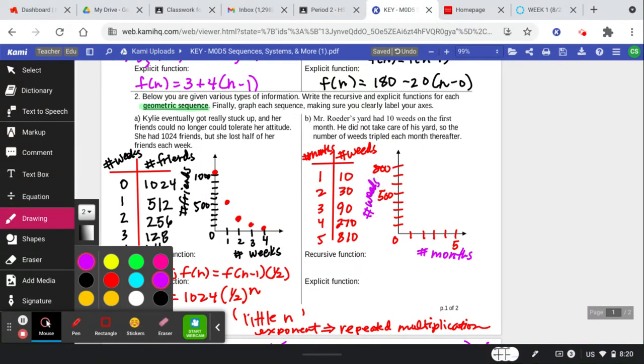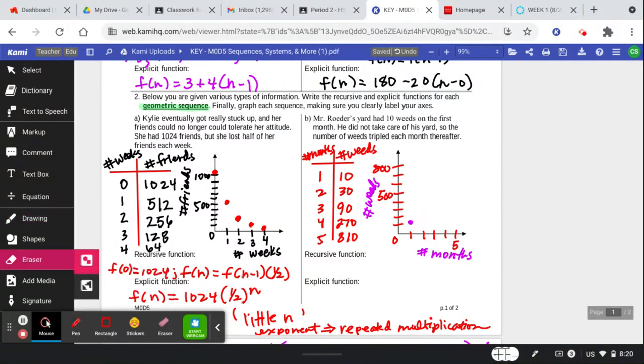So go put that first dot at 1, 10. Then 2, 30, way down here, pretty much touching the axis. 3, 90, still way down there. 4, 270. And then 5, 810. That jump. Look at that growth.